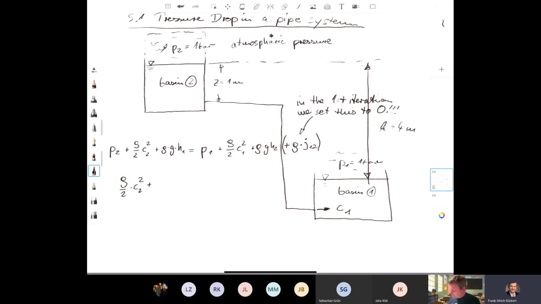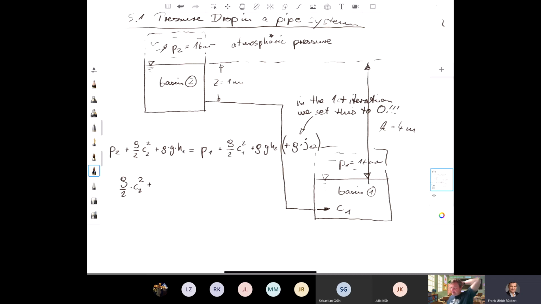But if it is open here and both are open, they will have the same pressure because the pressure of the air will not change so much. Or if you have a really big height difference, the pressure can change.